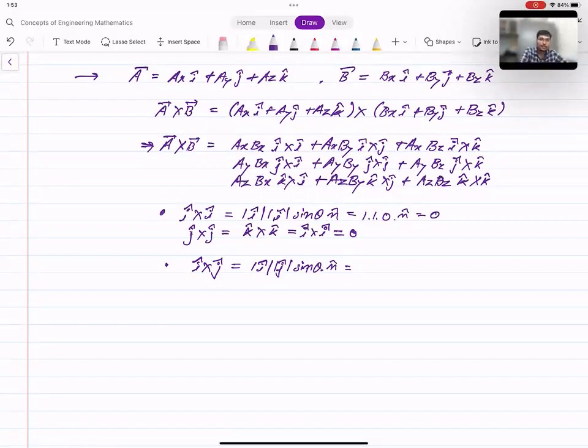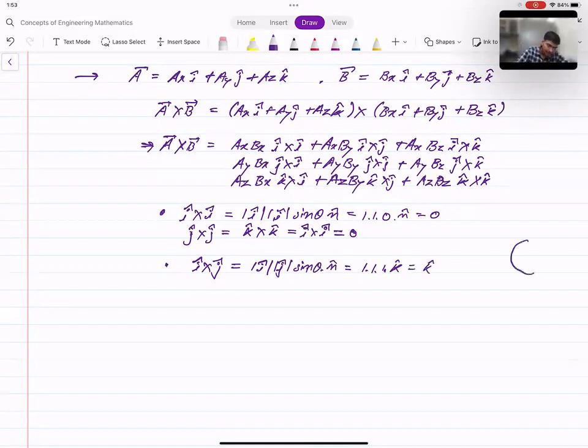The positive z-axis and negative z-axis are both possible for being perpendicular to these two, but as a convention we will take the positive, or we will follow an order. So this will be 1 into 1 into 1 into k cap. K cap is perpendicular to both of these, so i cross j is nothing but k cap.